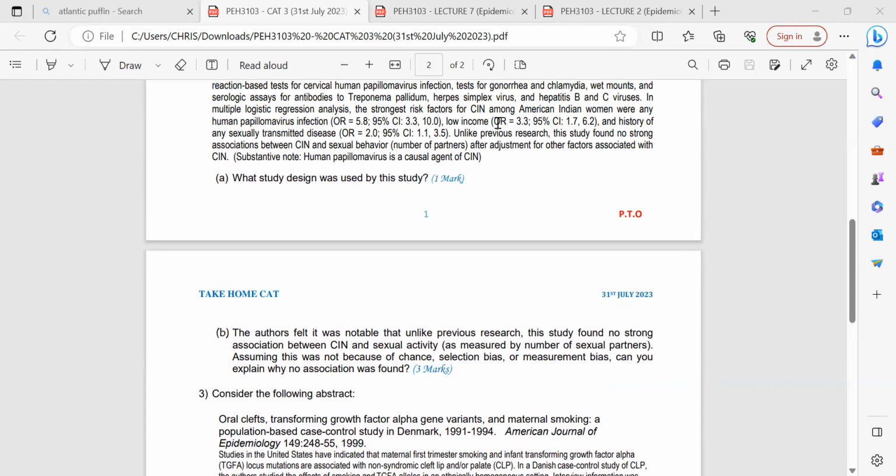So low income is part of socioeconomic status. So we can explain it from that angle. I think this one everyone can do on their own. If you get stuck you can ask. Ruben, what does low income have to do with CIN? Based on this study, yes, Richard, you can explain that further.